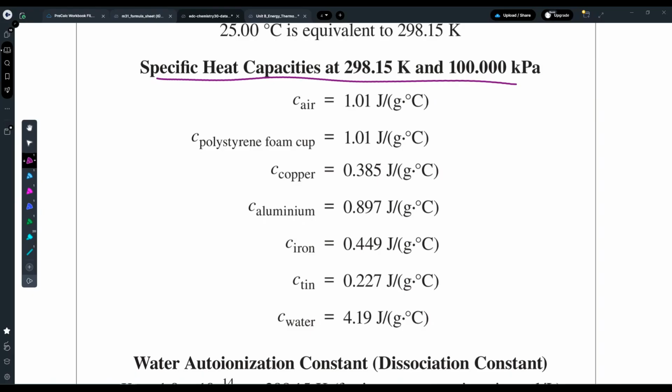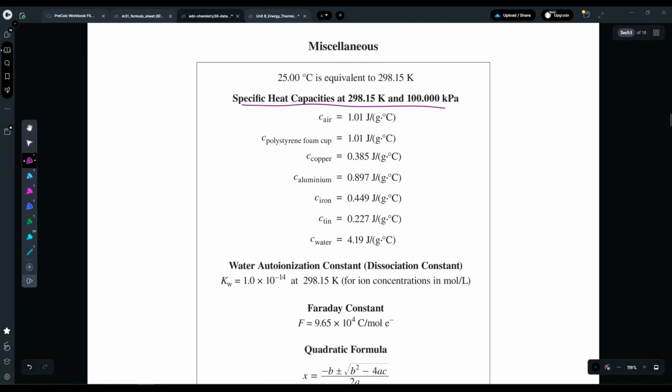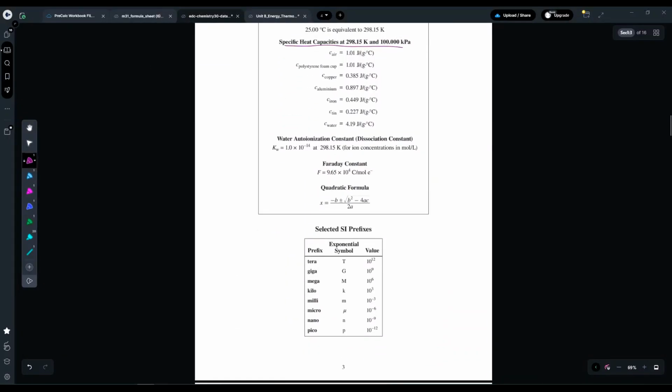So it's very important for you to know where to find all of these specific heat capacities, because most of the times you'll get questions where they'll mention what substance you're using in your problem. However, they won't give you your specific heat capacity. You need to know where to look it up. So again, this is page 3 of your Chemistry 30 data booklet here.